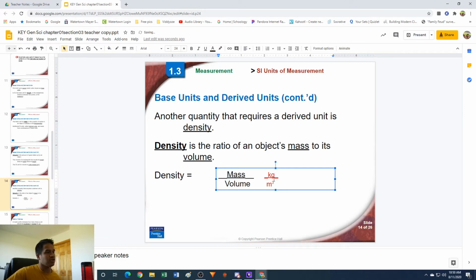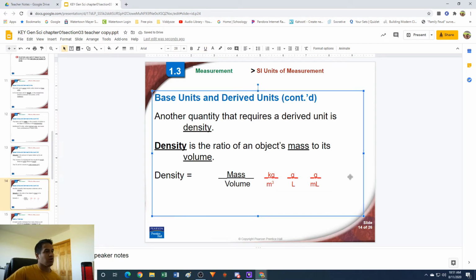But this can also be in grams per liter, or the last one you may be familiar with is grams per milliliter. That's another common one that we see for density. All of these are common ways that we'll use derived units for density, which is two units put together that form one unit, but it's really just a fraction.